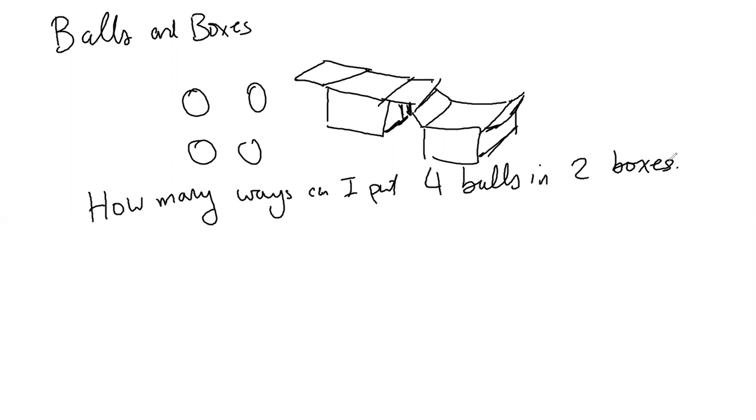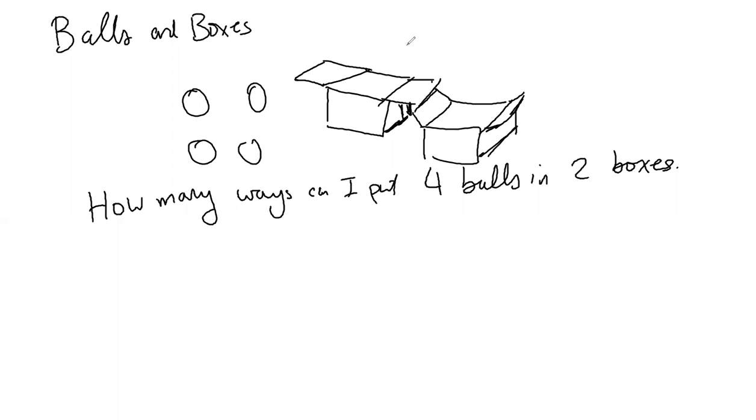The twist is, for example, do we necessarily care about the number of balls? If I put 2 balls in one box and 2 balls in the other box, is that the same as putting any 2 in any 2, or is it 2 and 2, 3 and 1, 4 and 0? Are those the differences, or is it more like this specific ball put in this specific box is different than that other ball being put in that other box?